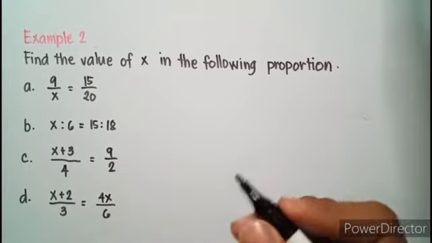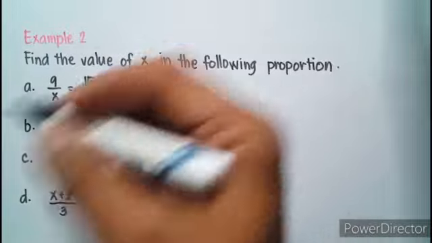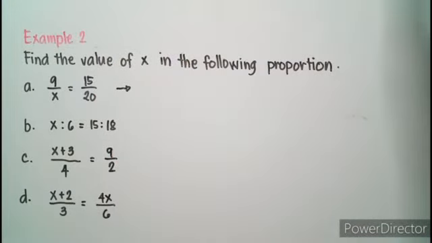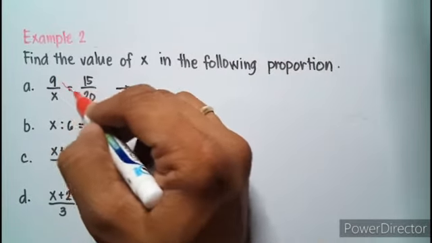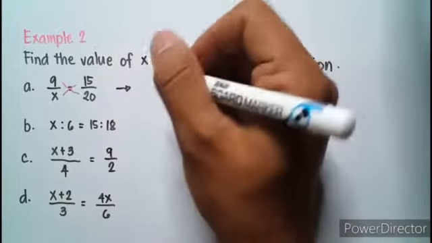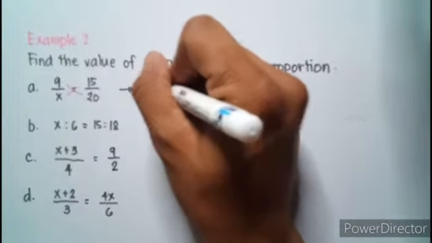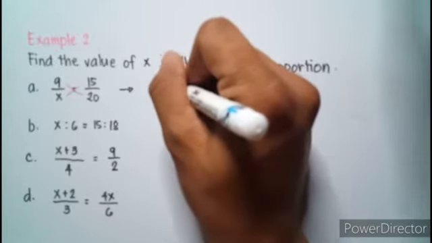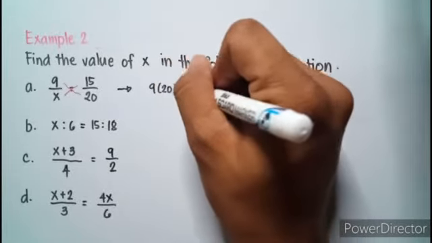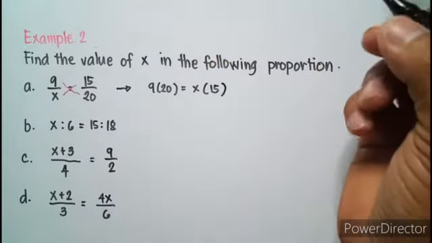So for letter A, let us solve. We are going to cross multiply. So we will have 9 times 20 is equal to x times 15.